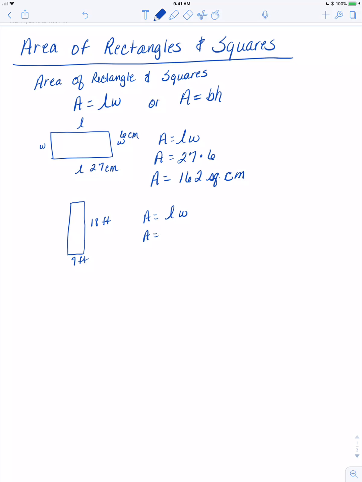Our length is 7 and our width is 18. So if we multiply those together, 7 times 18 is 126 square feet. And you can either write it how I did here and actually put square centimeters, or you can put feet squared. So either one of those works.